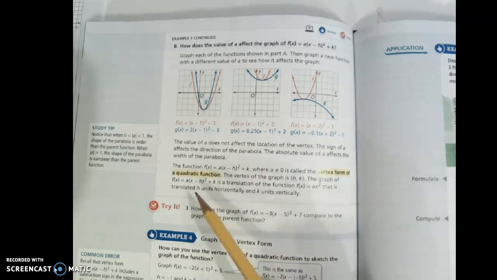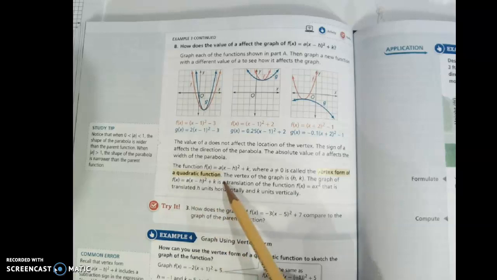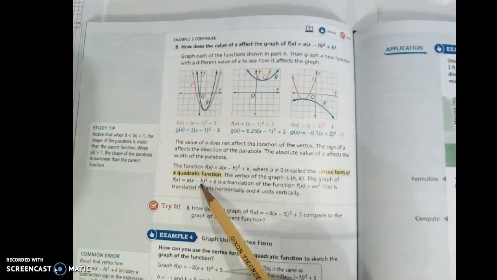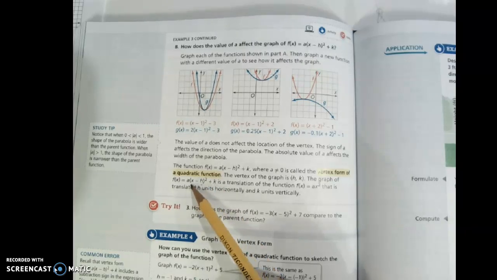And down here they list it: f of x is equal to a times (x minus h) quantity squared plus k. That part in itself is confusing, but if you remember, okay, this is going to be my axis of symmetry. This is if it moves to the right or left. This is up or down.